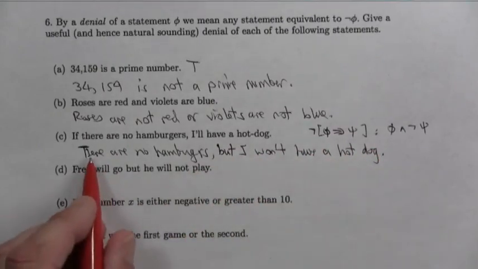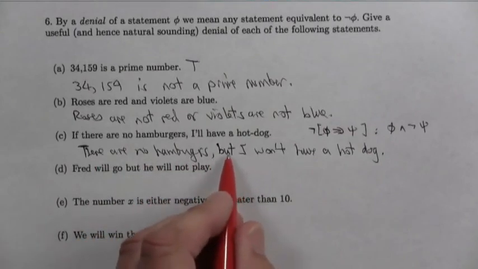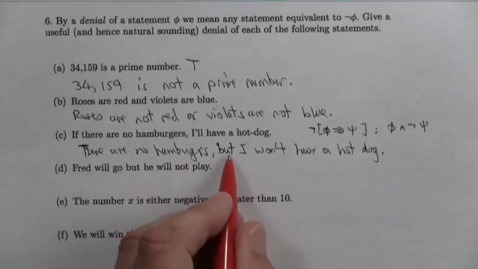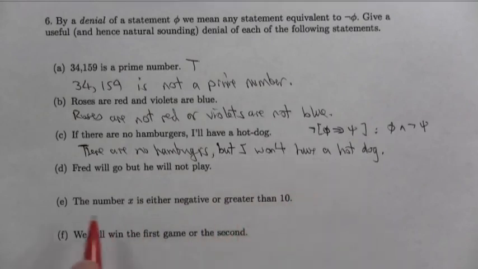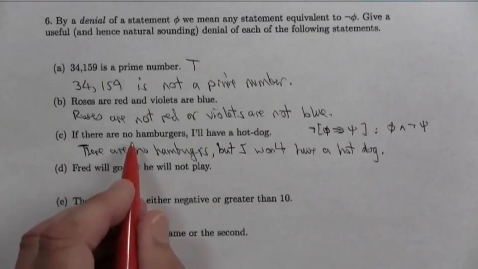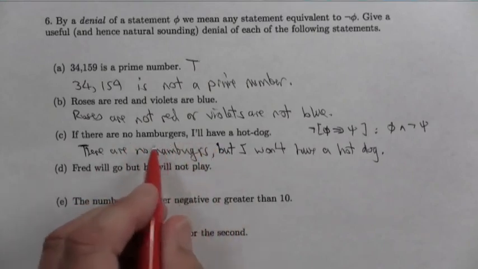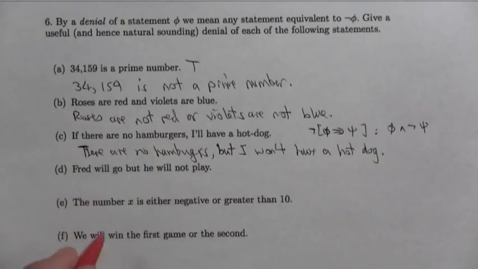Okay, so we've got the antecedent that there are no hamburgers, conjoined, in this case written with a but, because I think it's more natural to say that there's a but I won't have a hot dog. Well, think about that one for a little bit. In my experience, students often have trouble with this because of that negation in there. It throws you off, so you have to be a little bit careful.